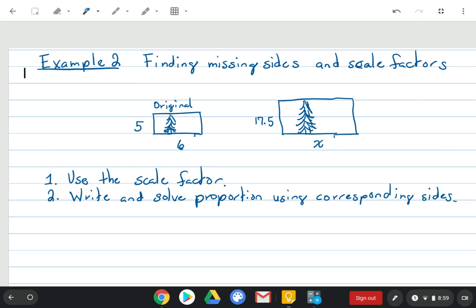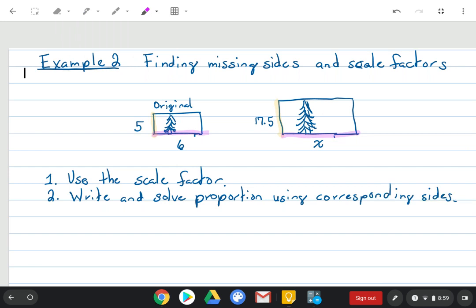To write a proportion, again, we have to identify corresponding sides. So that's what I'm going to do. I'm going to identify that this side that measures 5 corresponds to this side that measures 17.5. And then on the other hand, this side that measures 6 corresponds to this side that measures x.